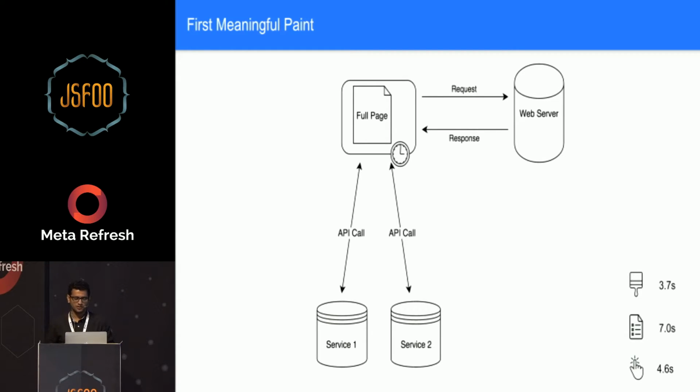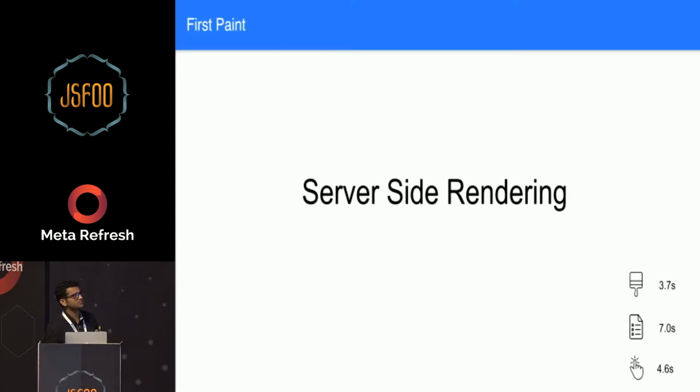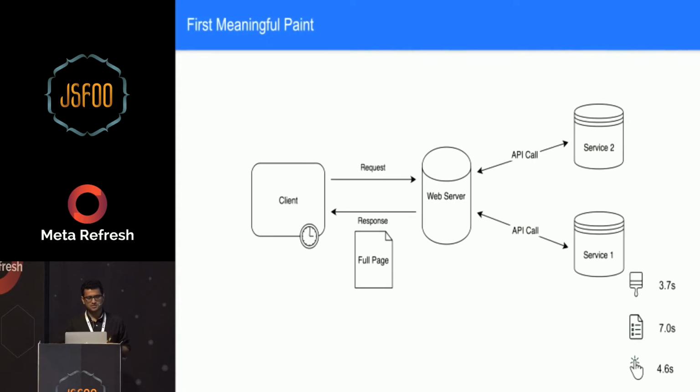Right. Let's talk about first meaningful paint. To talk about this, let me introduce the two kinds of applications that we have: client-side rendered applications and server-side rendered applications. In client-side rendered applications, generally your client will send a request and the web server sends a shell or basic HTML with a few links of CSS and JS back to the client.